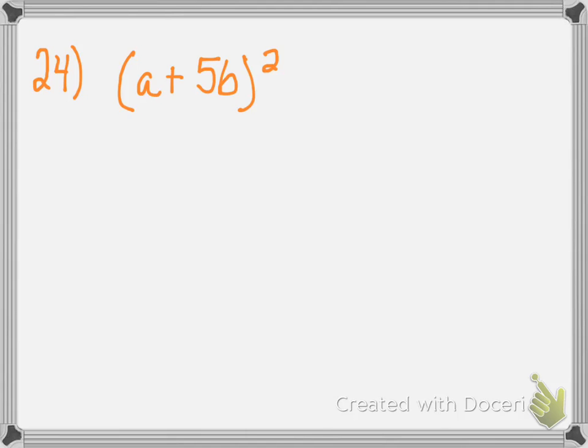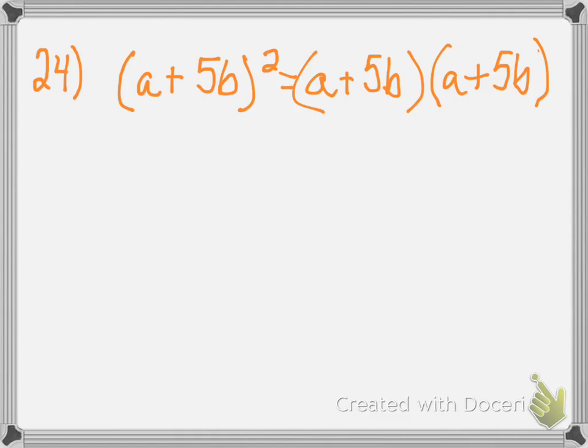Alright, this next one, you can either use the rules or you can FOIL it. If you're planning on FOILing it, you have to write it out. A plus 5b times a plus 5b. So if you are planning on FOILing this, go ahead and FOIL it, but I'm going to use the rules. So the first thing I'm going to do is I'm going to square my first term. So I have a squared. Plus, I'm going to do 2 times the first term times the last term.